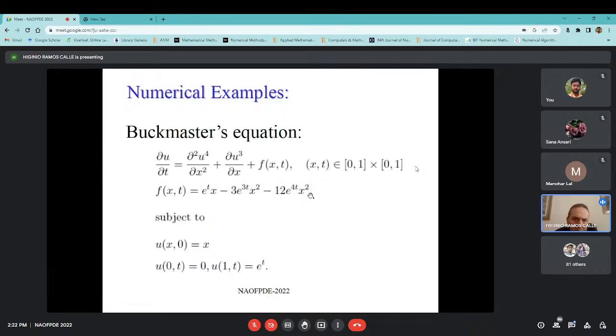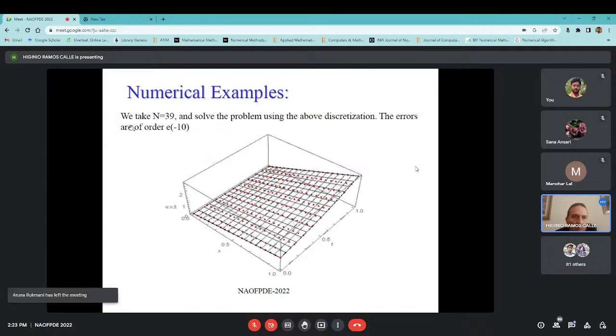Well, another more complicated equation, in this case, we have the second derivative of u to the power 4 and the first derivative of u to the power 3. So we approximate the values using the approach for the first and the second spatial derivatives. Also, we take n equals 39, and we obtain this solution.